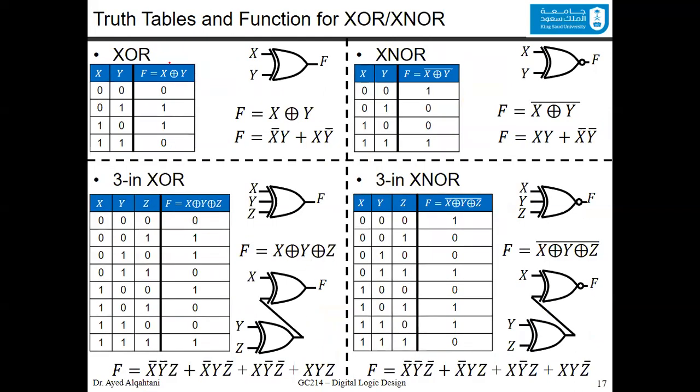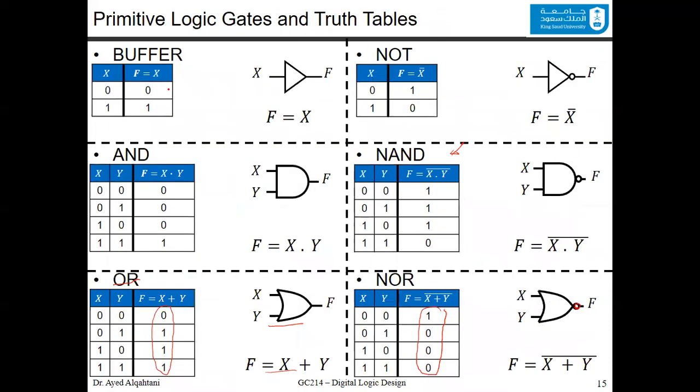Now, moving to the truth table and function for XOR and XNOR. XOR and XNOR could be 2 inputs or more. The XOR, which means an exclusive OR, is very close to the OR. If you compare the XOR to the OR, in the OR it's 0, 1, 1, 1.